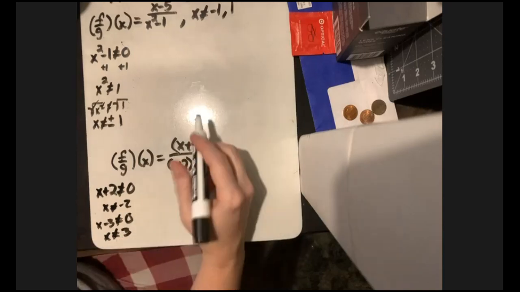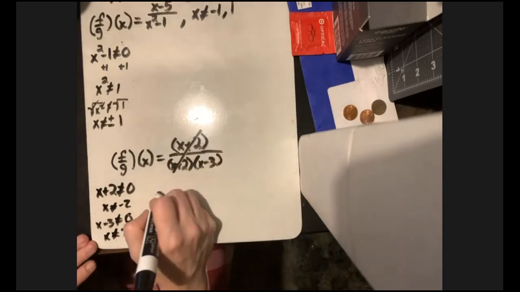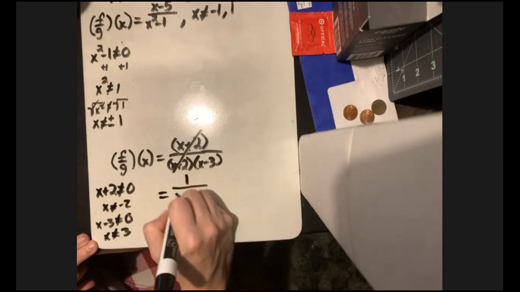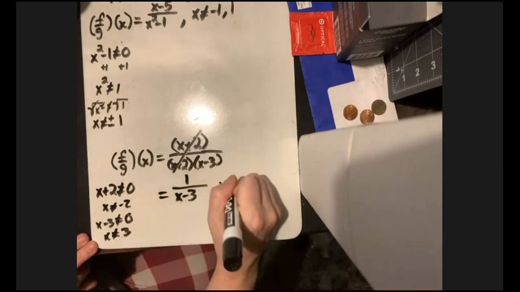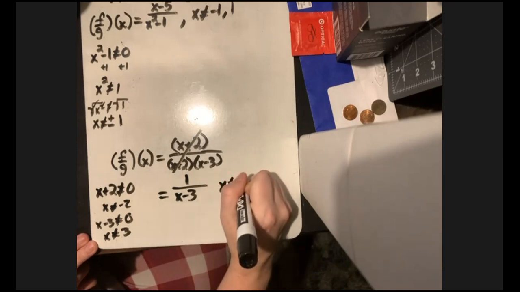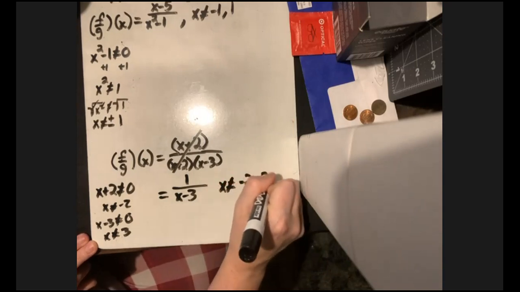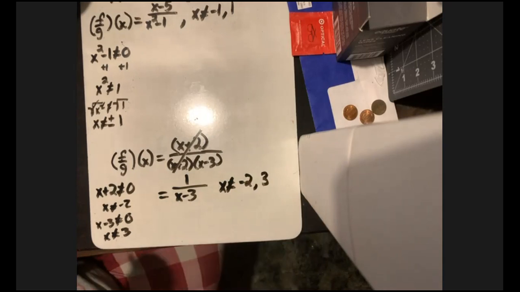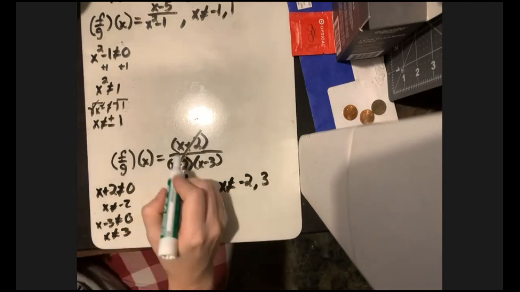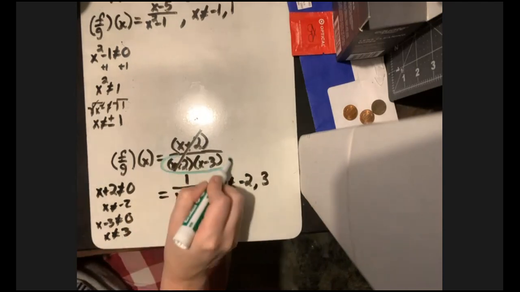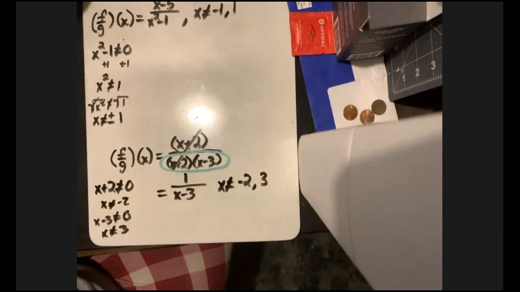So even if I clean this up and have 1 over x minus 3, which is a prettier format, I still have that x cannot be -2 or 3, because the way the division statement is phrased, it says that the entire original g of x denominator cannot be 0.